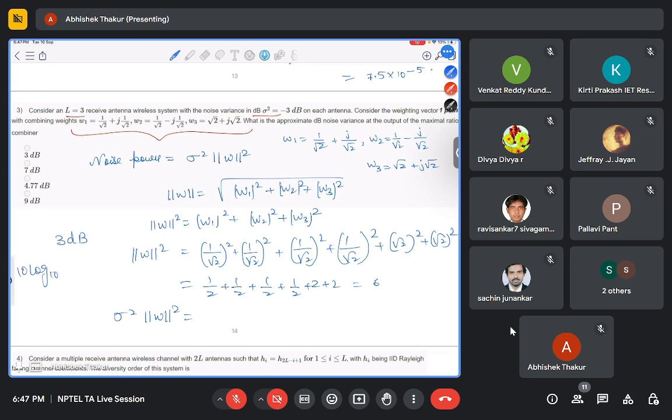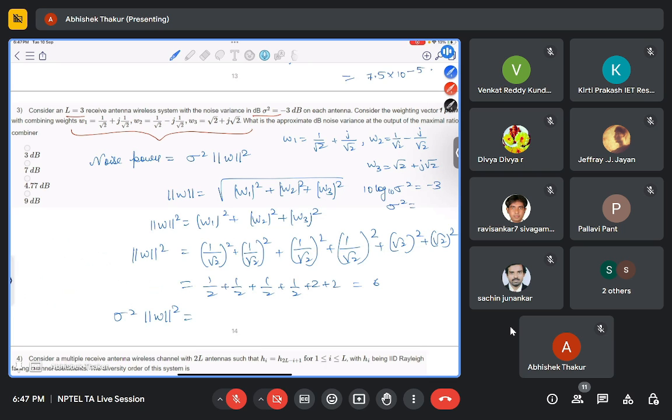So 10 log 10 sigma square is equal to minus 3.